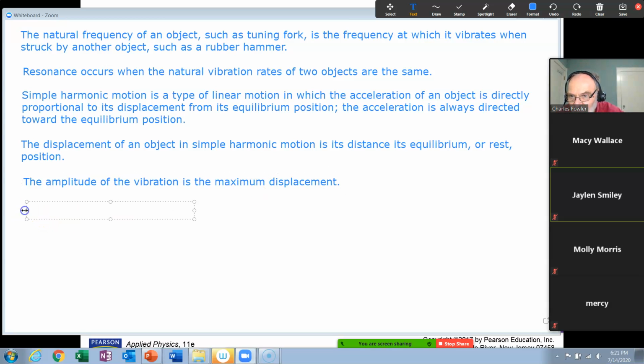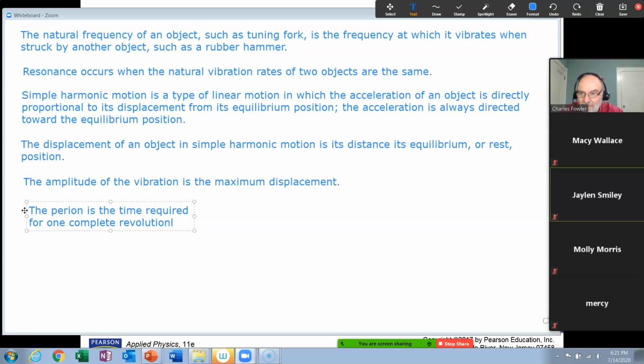Now, the period, I'm going to show you the slide in a minute, but let's go on and get the words in here. The period is the time required, just like it was before, for one complete revolution. Now they're talking about the Ferris wheel.